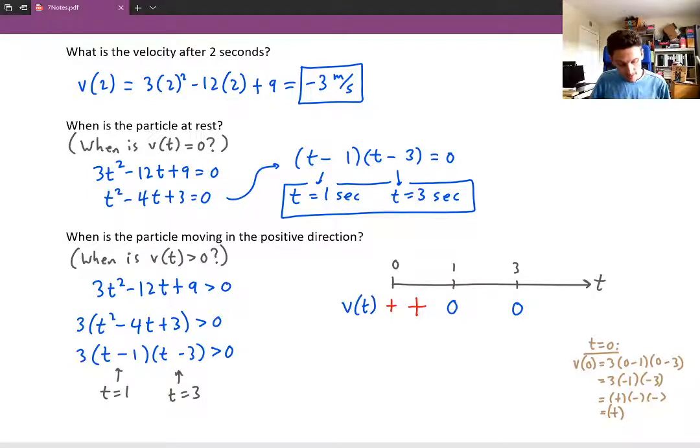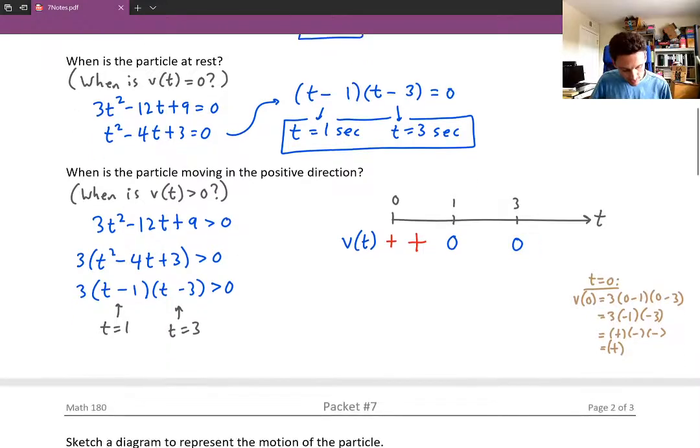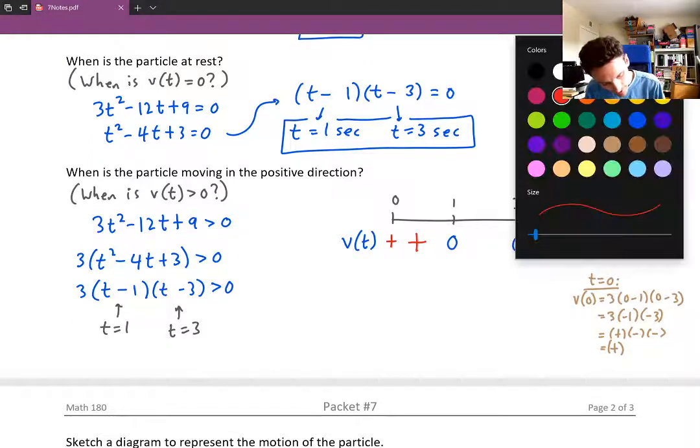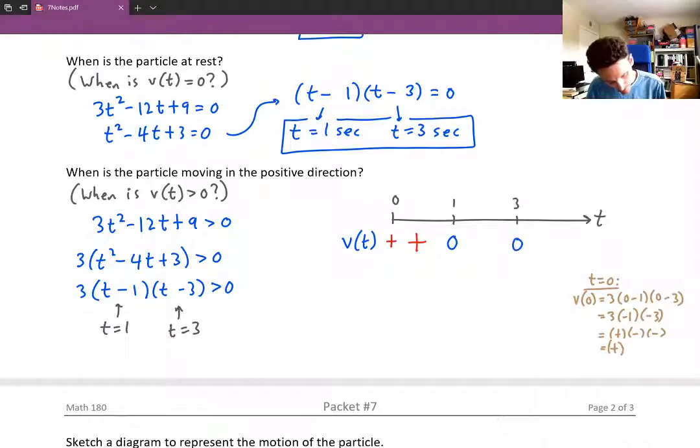Now when t is between 1 and 3, for example t equals 2, we might have a different sign. Let me do t equals 2. Here I'll just write down the signs. We have that factor of 3, which is positive. When t equals 2, 2 minus 1 is 1, which is positive.